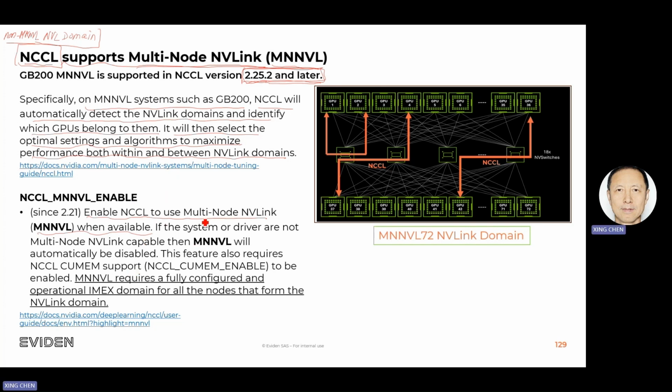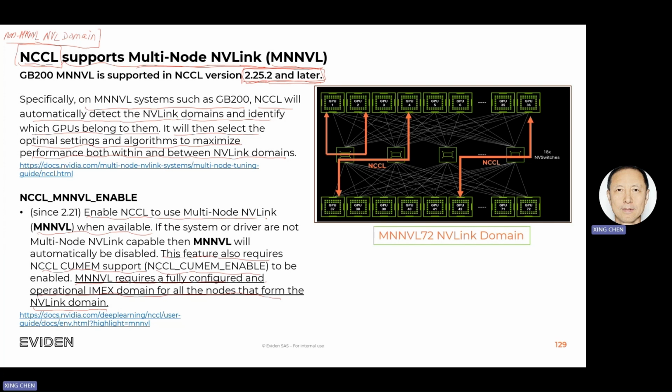Okay. But this feature also requires NCCL cuMem memory support, and that means this one needs to be enabled for NCCL MNVL support. Very interestingly, it is mentioned here that MNVL requires a fully configured and operational IMEX domain for all the nodes that form this NVLink domain.